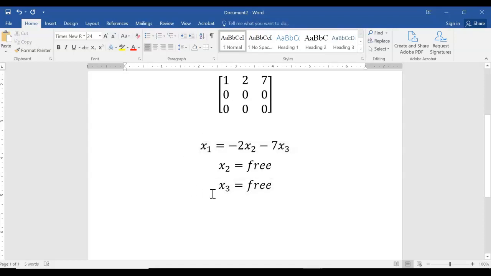Now, if that is the general solution, each entry has to look like that.